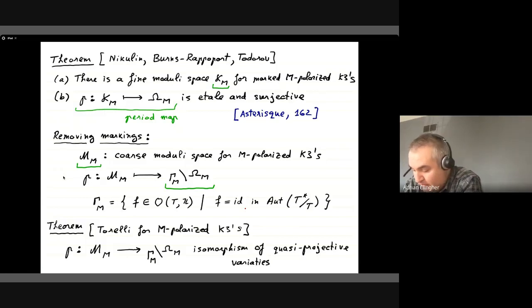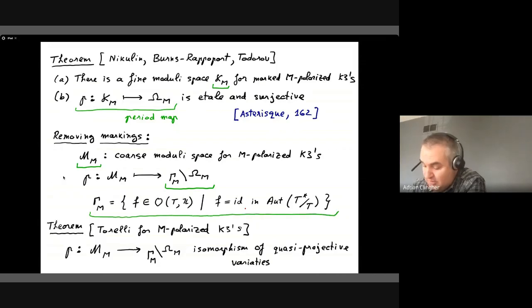And Dolgachev tells us what this quotienting group is going to be like. In general, the group we have to quotient with is going to be the set of integral isometries of the lattice T which, if we look into the discriminant group of T, act as the identity.